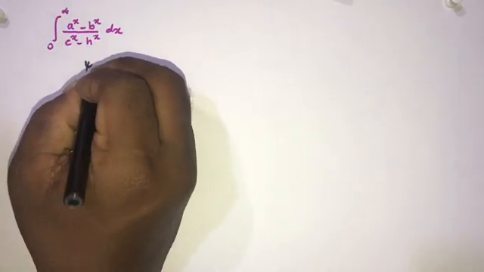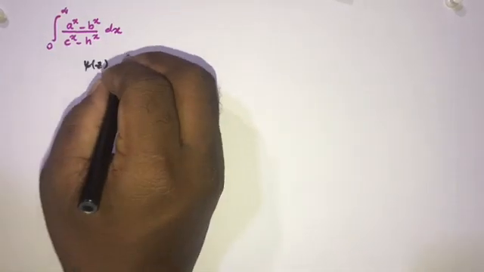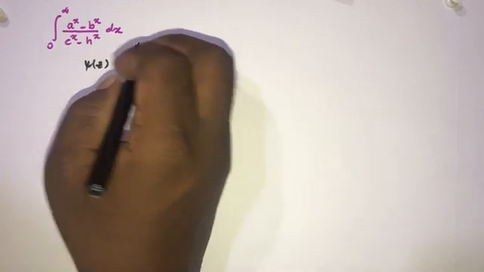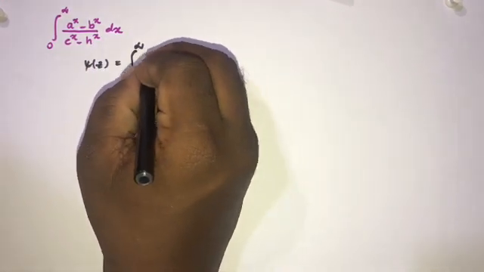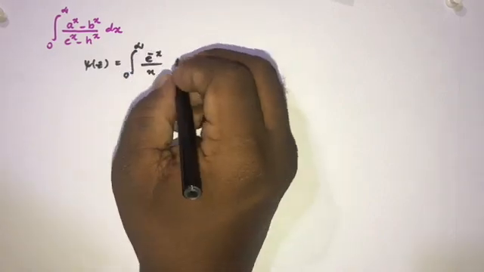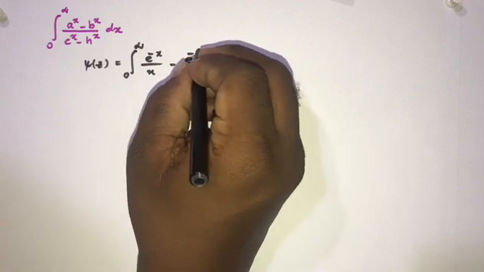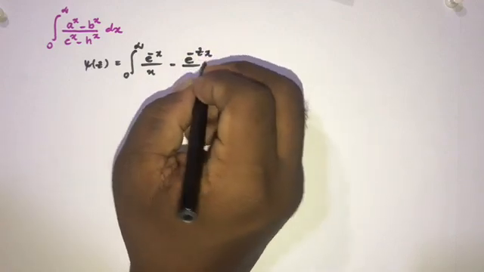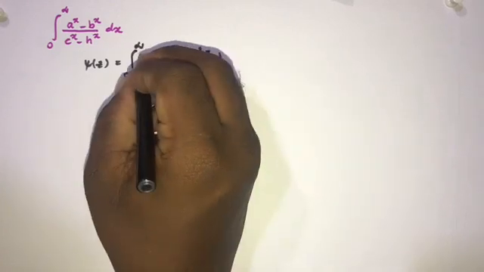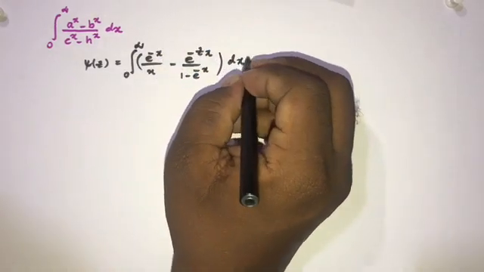So digamma of c is equal to the integral from 0 to infinity of (e to the minus x over x minus e to the minus c times x over 1 minus e to the minus x) dx.